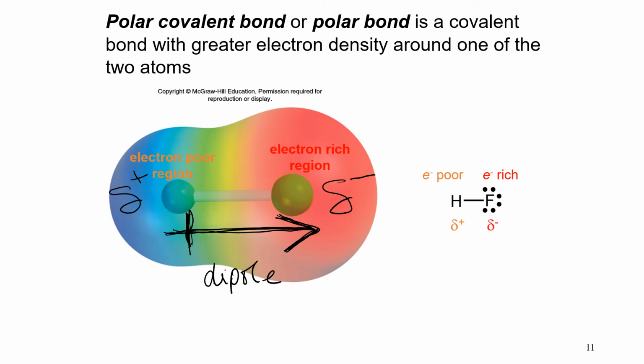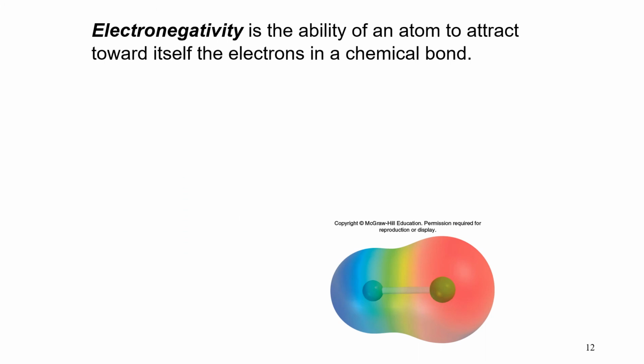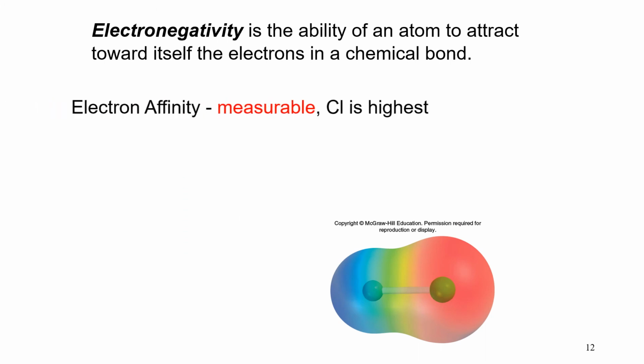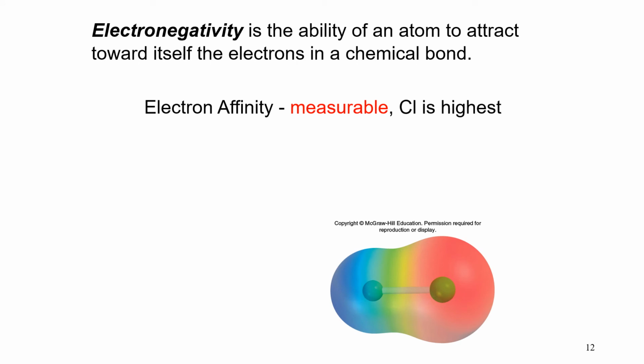Partially negative, partially positive. All right, so we've discussed this in the previous chapter. Electronegativity: the ability of an atom to attract electrons toward itself in a chemical bond. The other trend that was mentioned when electronegativity was discussed, but I crossed out because they are actually slightly different, is electron affinity.